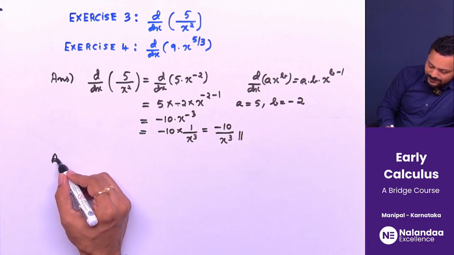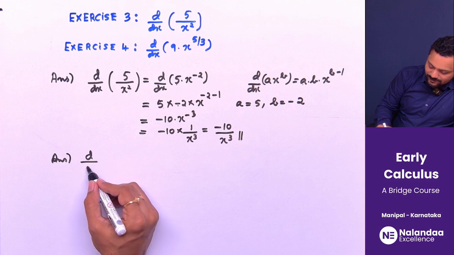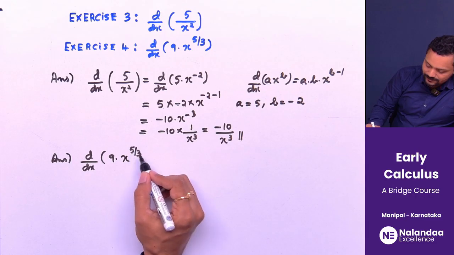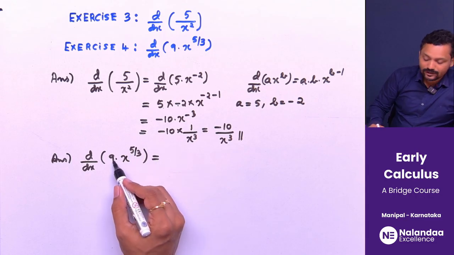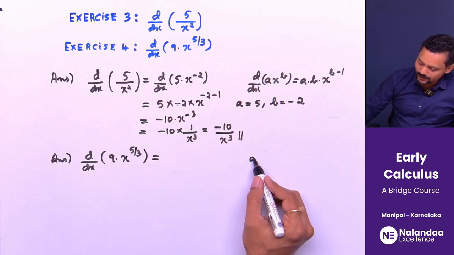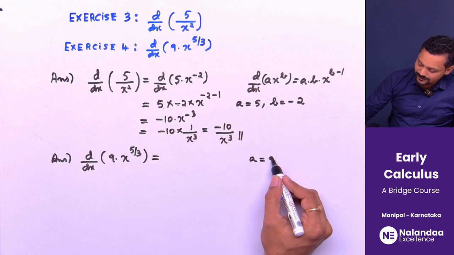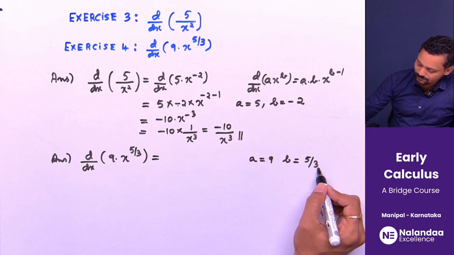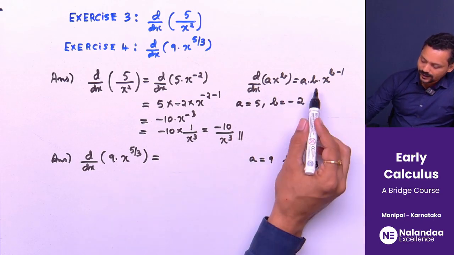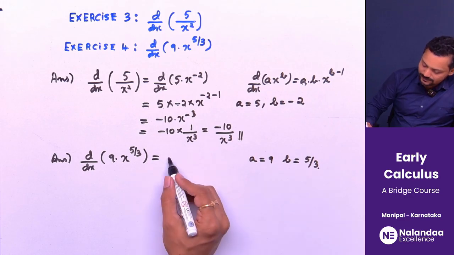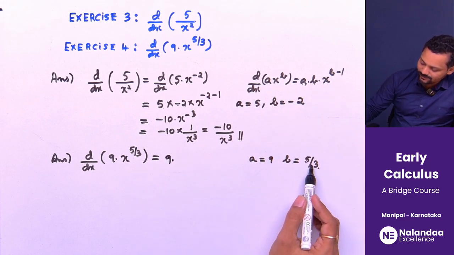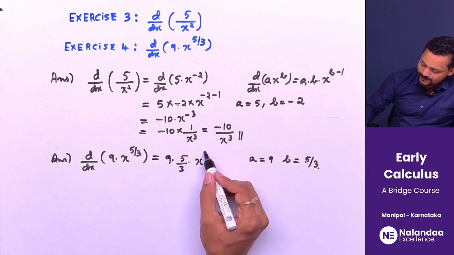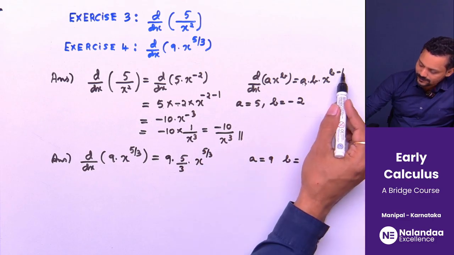Next, we will answer the next question. d by dx of 9 into x power 5 by 3. Now here this is already of the form a x power b. So here the value of a is 9, the value of b is 5 by 3. So let us substitute here, a, that is 9, into b, that is 5 by 3, into x power 5 by 3 minus 1.